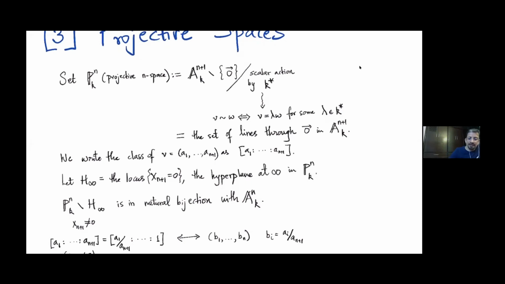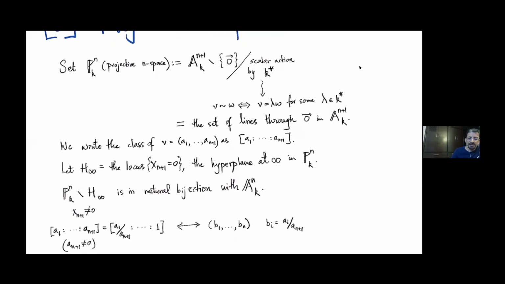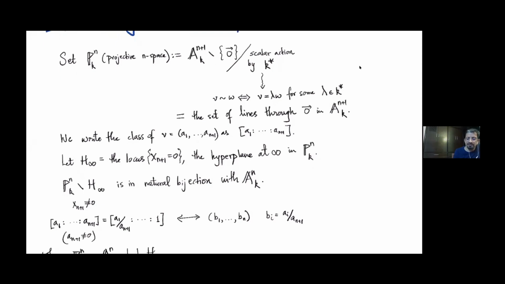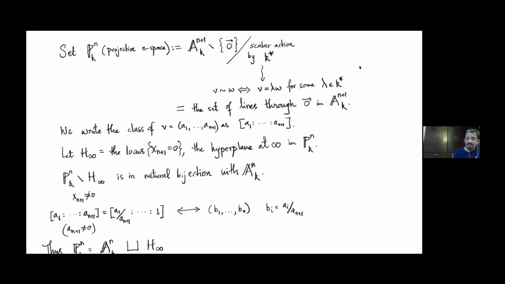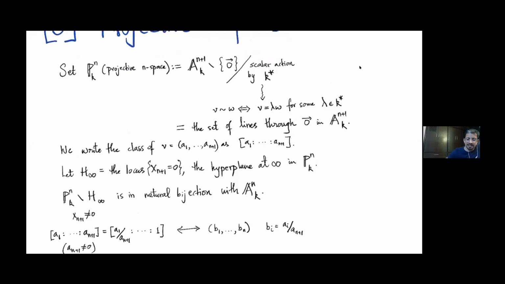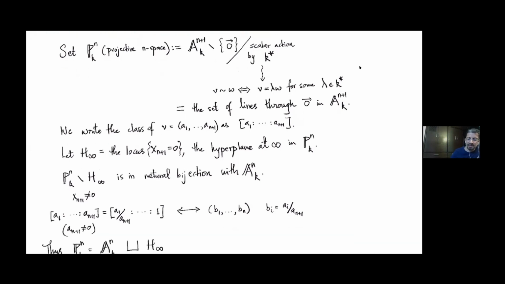That means that you consider two points to be equivalent if there is a lambda in K star, a non-zero scalar, which multiplies one to the other. That's the same as the set of all lines through the origin in A^(n+1)(K), because if two elements are scalar multiples of each other, they lie on the same line through the origin.